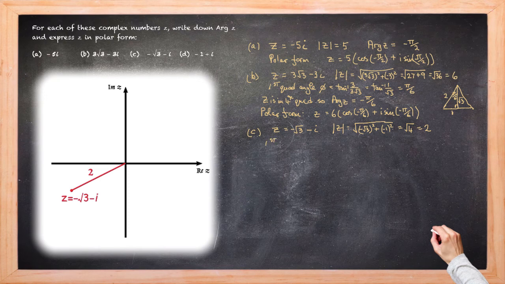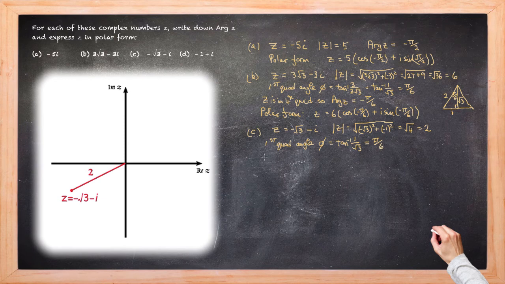Now, first quadrant angle, phi, as we're calling it, tan to the minus 1, imaginary part made positive, that's just 1, and the real part made positive, that's root 3. So again, we've got what we had in the previous example, pi upon 6 for the first quadrant angle.